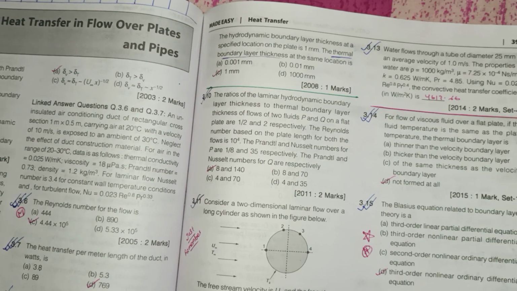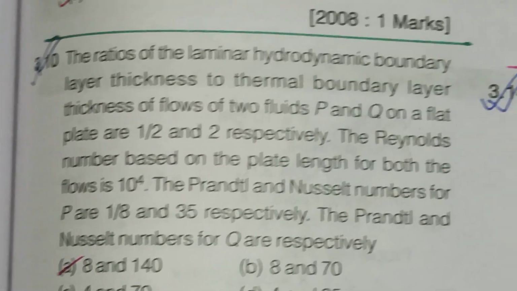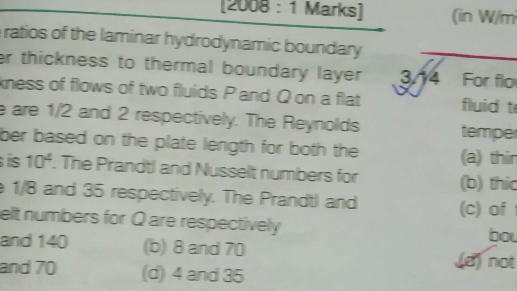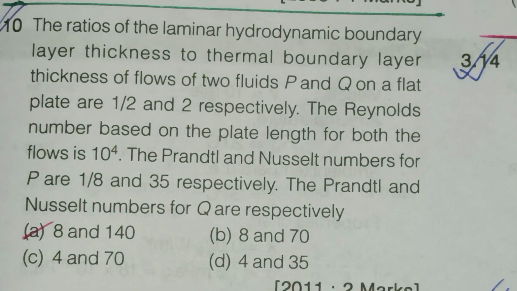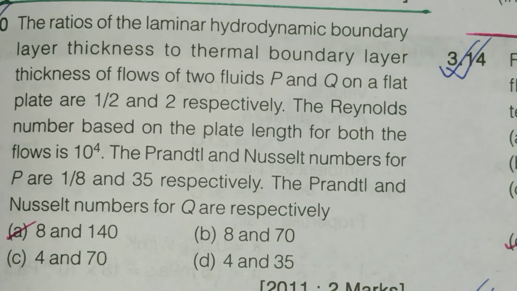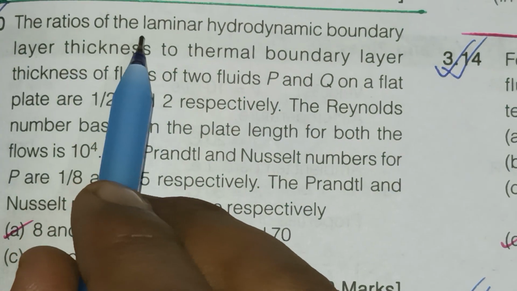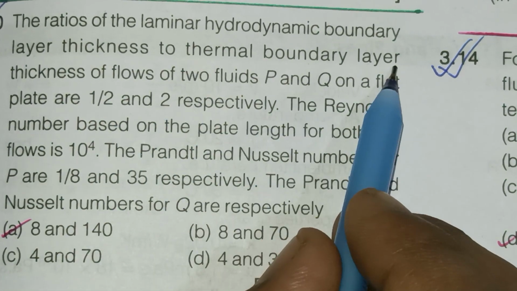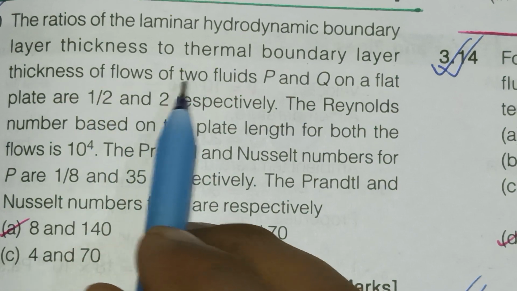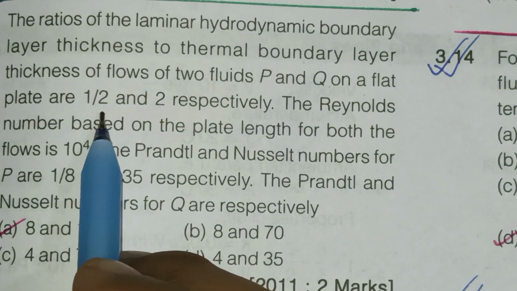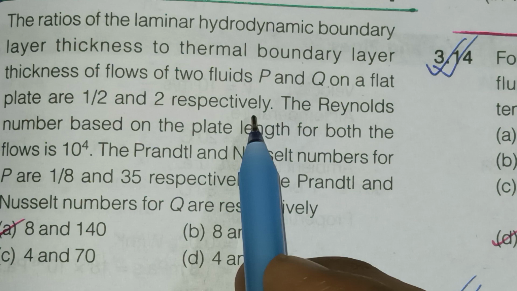Okay. Now next, question number 10. Read the question carefully. So what is given in this question? The ratios of the laminar hydrodynamic boundary layer thickness to thermal boundary layer thickness of flow of two fluids P and Q on a flat plate are 1 by 2 and 2 respectively.